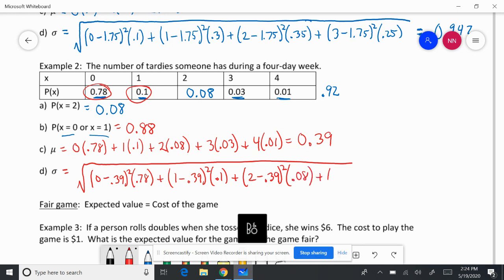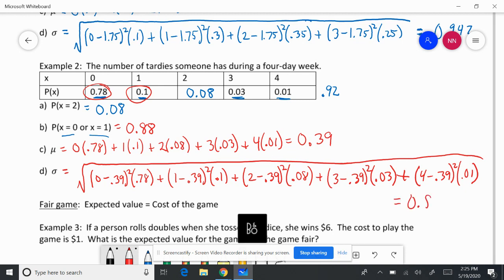I take the next x value, subtract it from the mean, square it, and times it by its probability. And then I'm going to take the last x value, subtract it from the mean, square it, and times it by its probability. Once again, I'm using the calculator for this whole process. So when I plug it into the calculator, I get the answer 0.83.